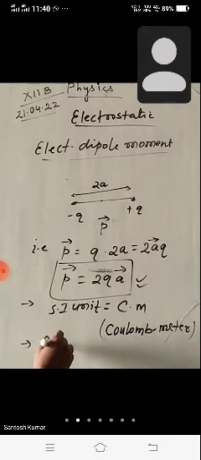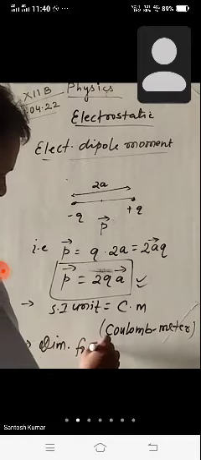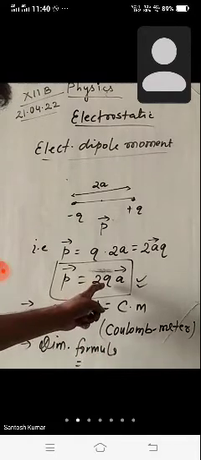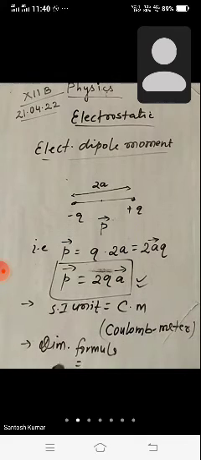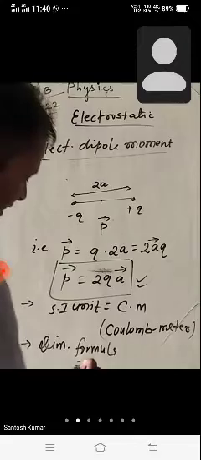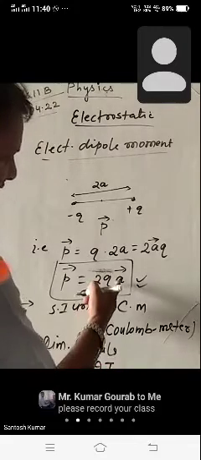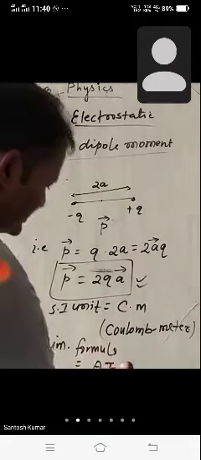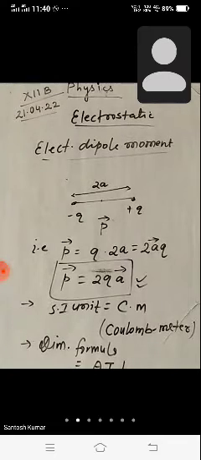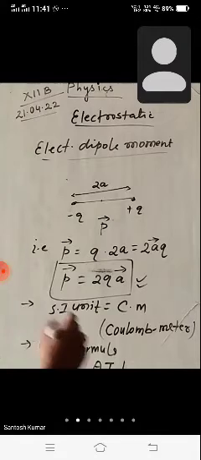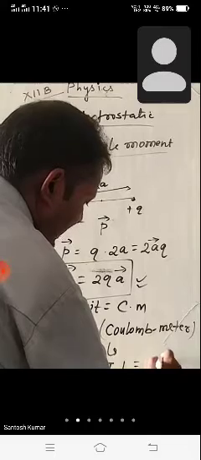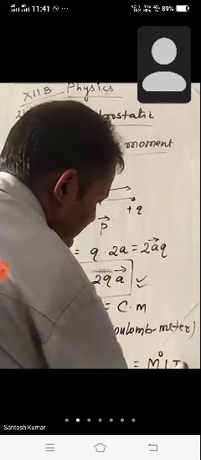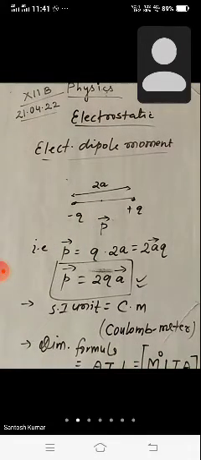After that, the dimensional formula. Q is simply I into T, where I is the current, ampere, and T is time. So it is simply A T, and the distance a has dimension L. So we have L, T and A. If you arrange it in a particular manner, you can write M^0 L T A. This is the dimensional formula of the electric dipole moment.